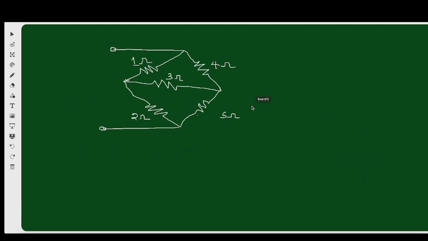This is an example to illustrate delta to star or star to delta conversion. So this is very fancy. We want to get the equivalent resistance of this network. You can see that there's no way a resistor is in series with another resistor, because they are connected to another component, so you cannot say that they are in series or in parallel.